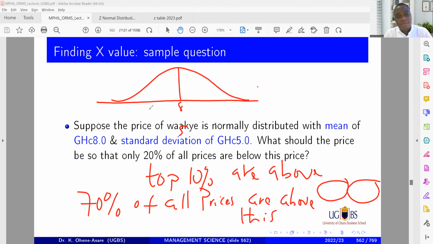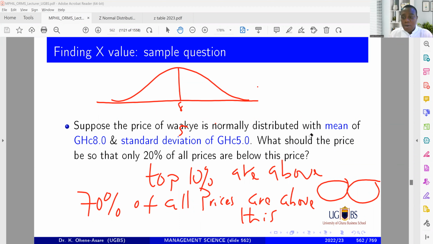Since everything is 100%, the 70% would be the 50% after the 8 plus 20% before the mean 8.